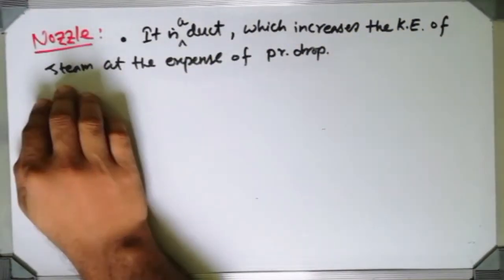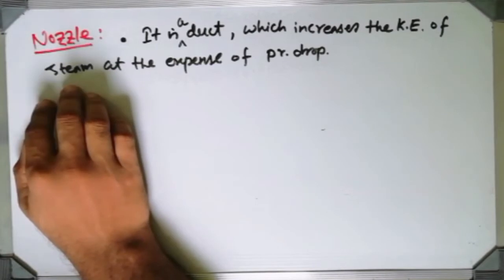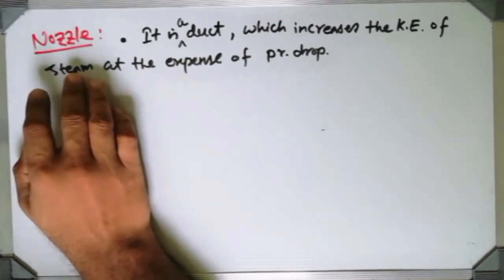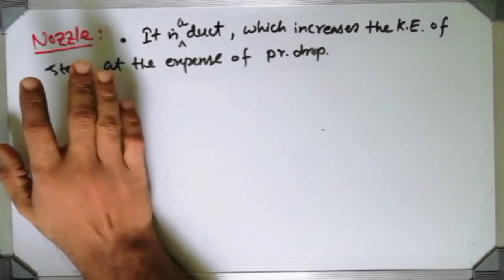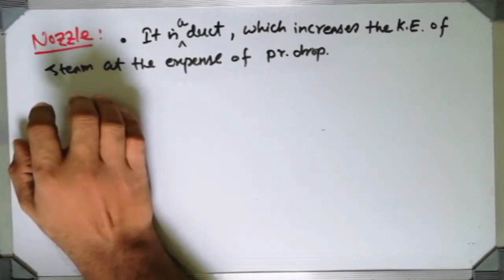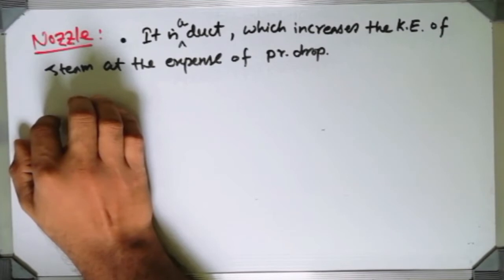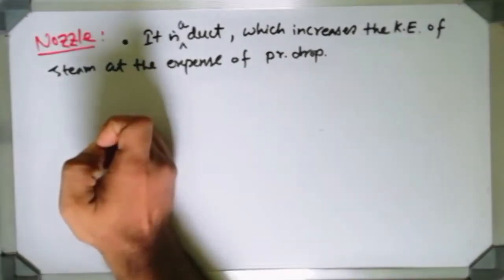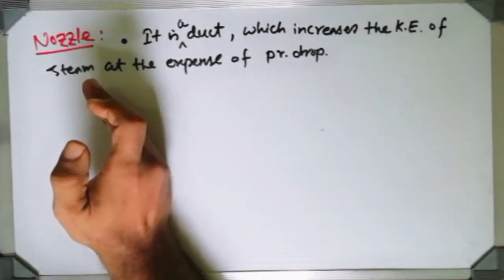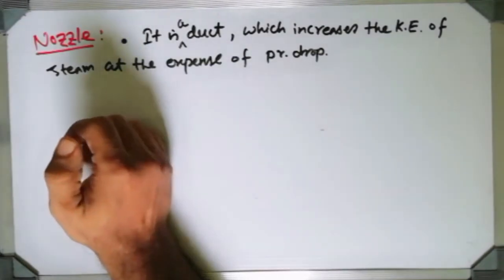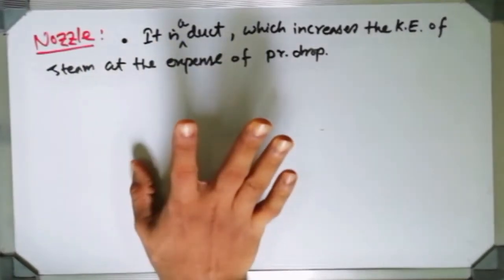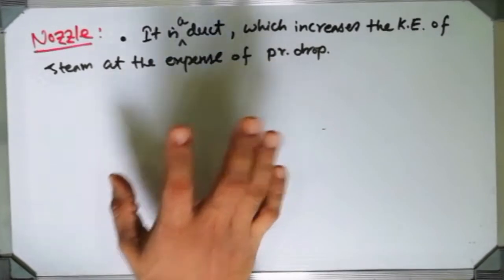Here we are talking about steam only, because here the working fluid is steam, but it is not so that a nozzle is only used to increase the velocity of steam. Not really. Any kind of fluid, it can be a liquid, it can be a gas, the nozzle does the same purpose. Okay.